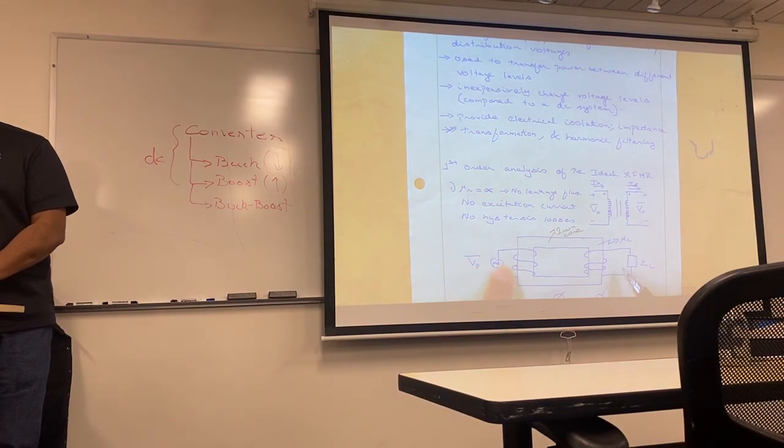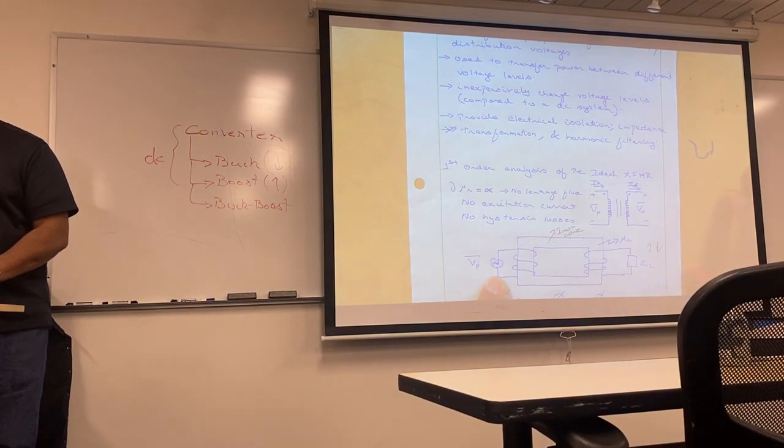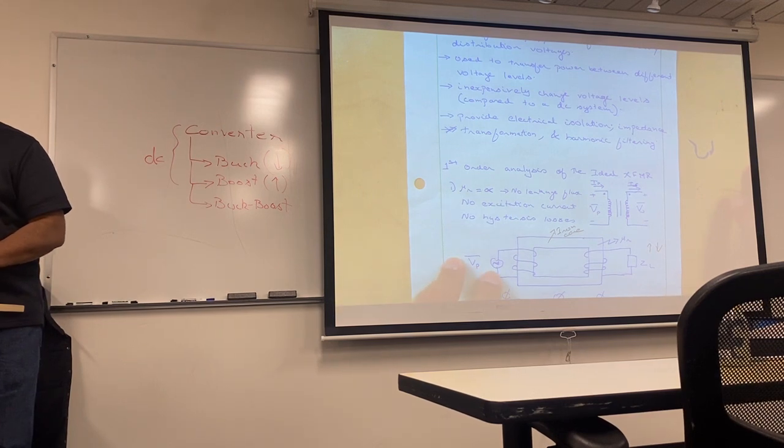And on the other side, I have shown a ZL or a Z load, but you will end up with a voltage that is either high or low. And we'll shortly see how the voltage is stepped up or stepped down. But the construction of a very simple transformer is that it's got an iron core and then some copper windings on both sides.